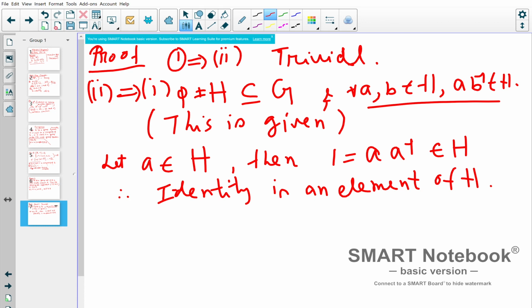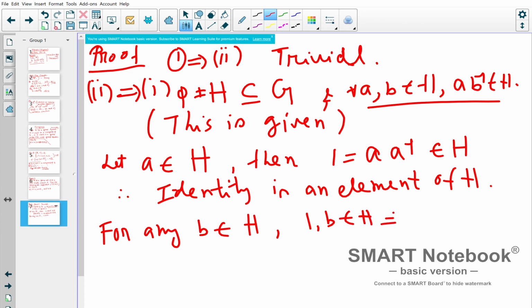Now, what do you need to prove? You need to prove that for any element the inverse belongs to H. So for any element, say B belongs to H, you need to find out whether B inverse belongs to H or not. But what is B inverse? You know that 1 and B belong to H, right?